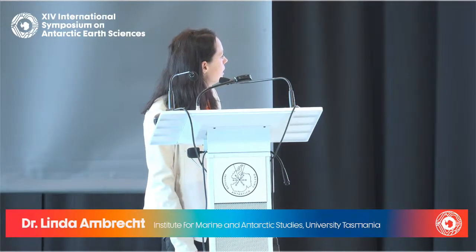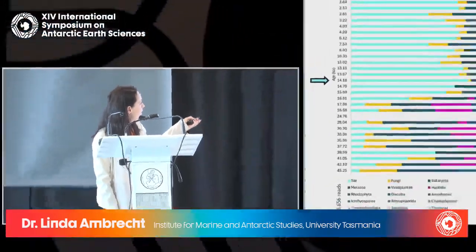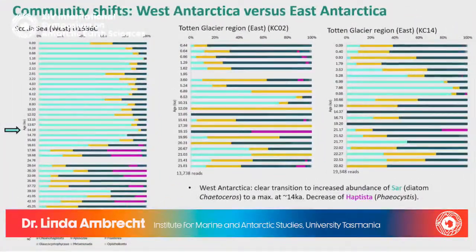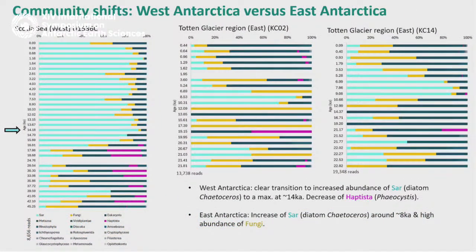So again, we see a very high increase in diatoms, this turquoise color, around this time, 14,500 years ago, compared to other eukaryotic organisms. At the East Antarctic sites, so these here are from the Totten Glacier, and we had 2 different cores. You don't really see that signal so clearly.